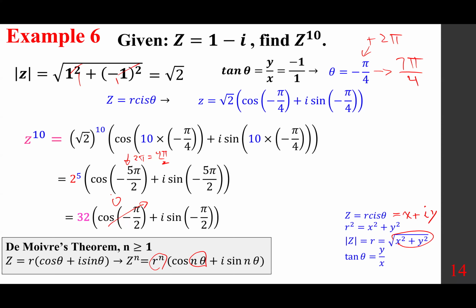Sine of pi over 2 is positive 1. Sine of negative pi over 2 is negative 1. So the result is 32 times i times negative 1, or negative 32i as the final answer. Therefore, 1 minus i to the power of 10 is negative 32i.